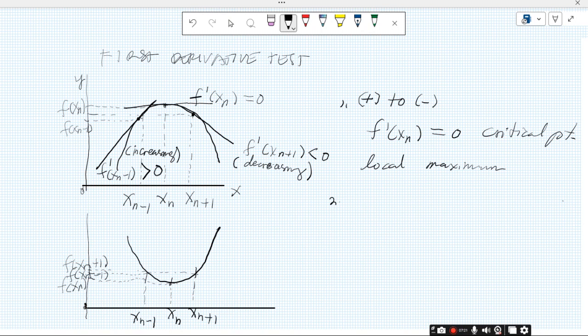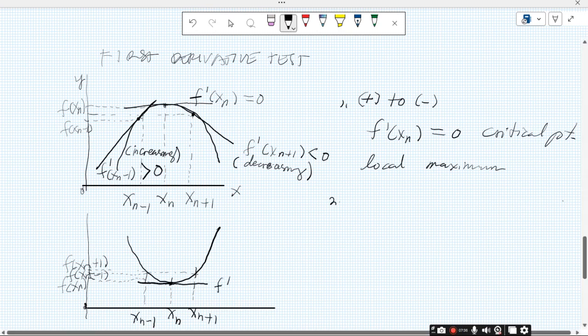And then again, we draw a line that is tangent to the point at xn, and assign the slope of that as 0. Again, this is the x and y axis.